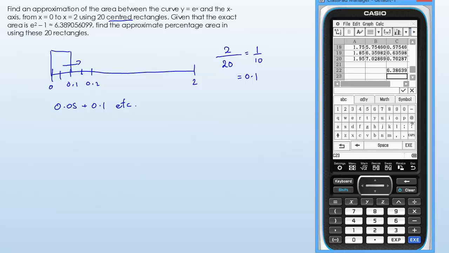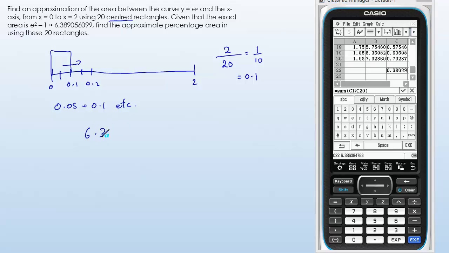And that's 6.3869. In fact, we can get it more accurate down here. 6.386394768. So that's our approximation.